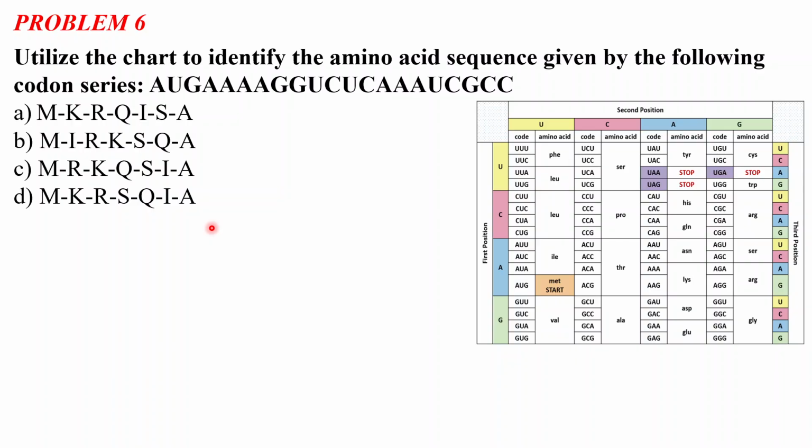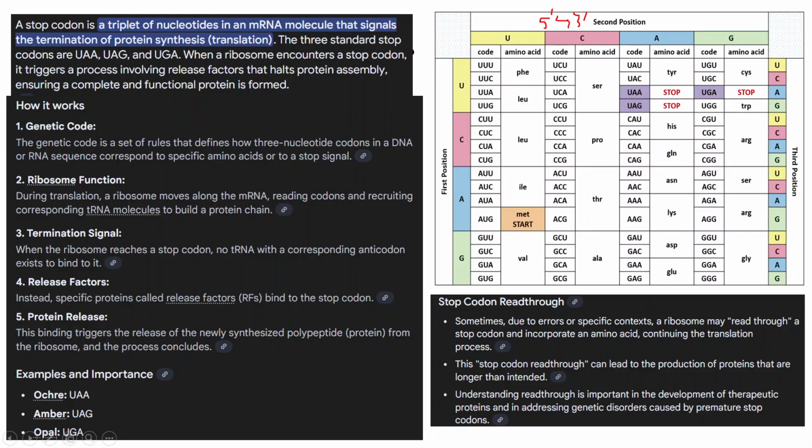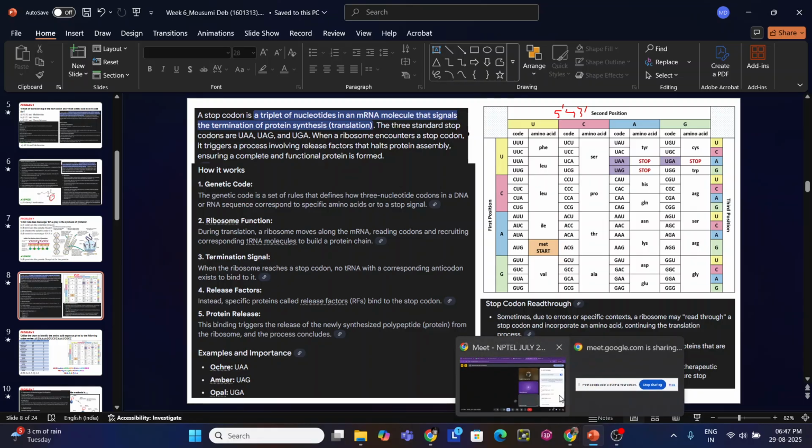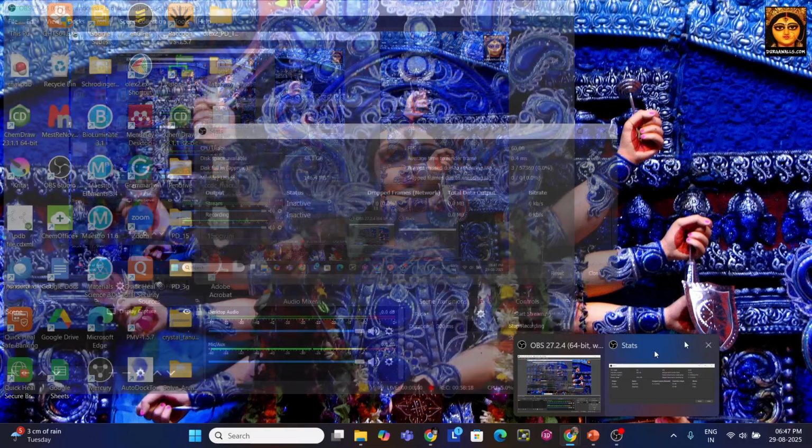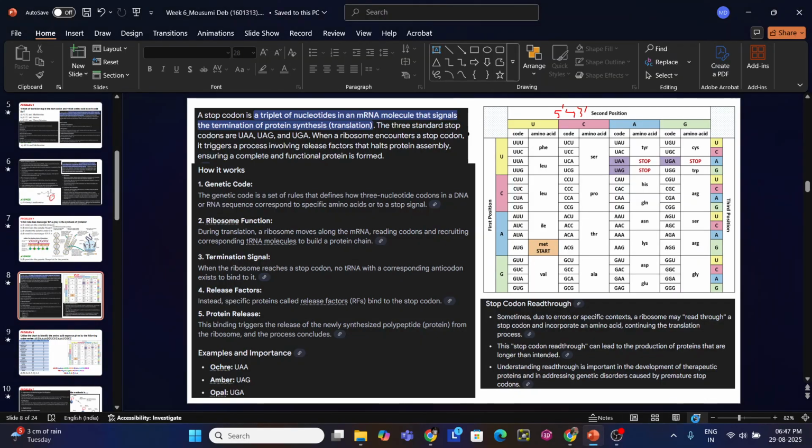I will wait for another minute, then I will check the chat box. Let me check if there is any answer. Okay, I don't have any answer in the chat box. Okay, let me show you how to do it. This is very simple.